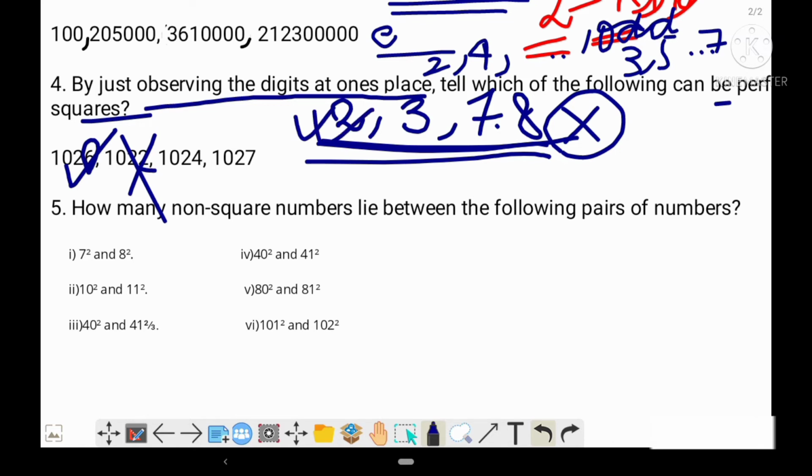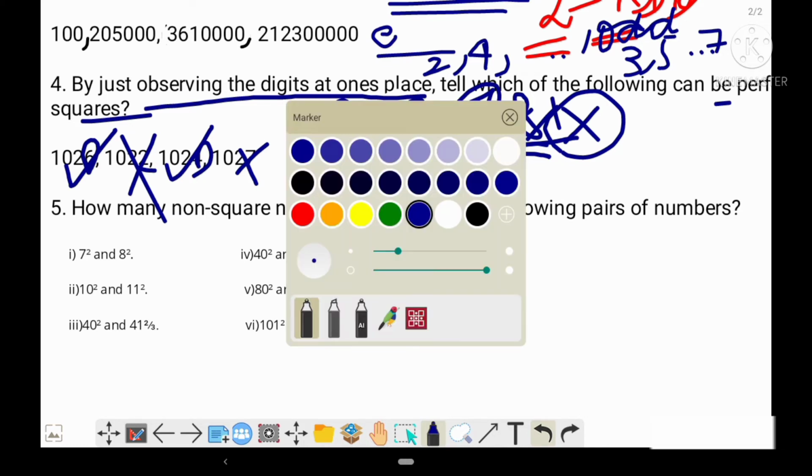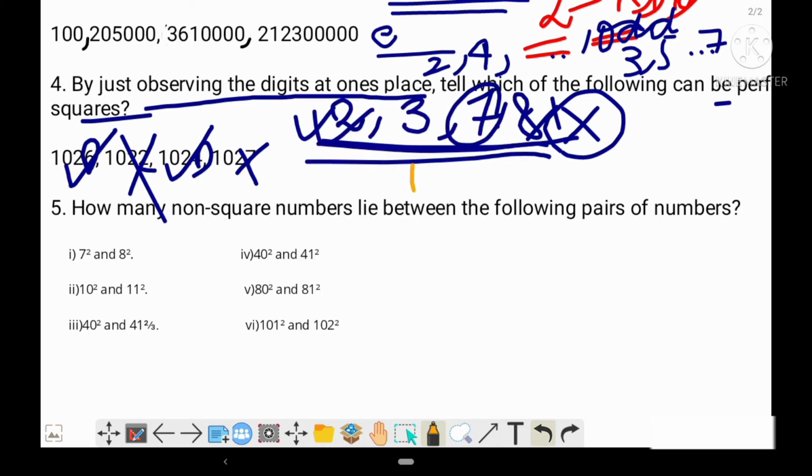And next is 1024, so 4 is there, so it can be a perfect square because 4 is not involved in this fact. And last is 1027, so again it is not a perfect square because 7 is here, which cannot be a perfect square. So the answer which you get is 1026 and 1024 for question number 4.